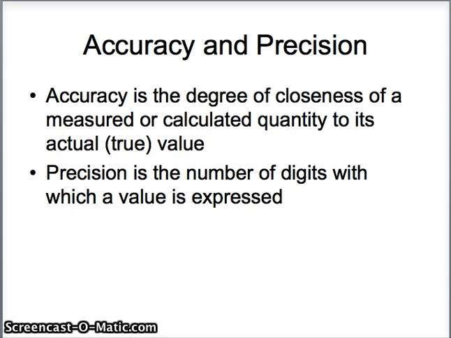Now, accuracy is the degree of closeness of a measured or calculated quantity to the actual or true value. What that basically means is that how accurate you are is how close to the reference value you happen to be. So if you have something that weighs 1 kilogram, how accurate your measurement is is always related to how close your measurement is to another object that's exactly 1 kilogram.